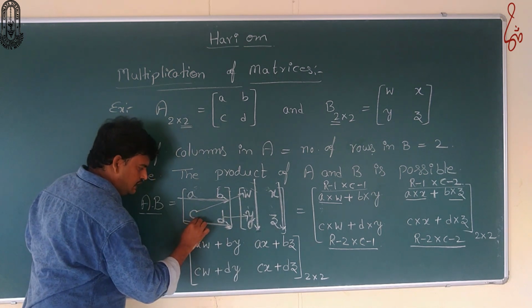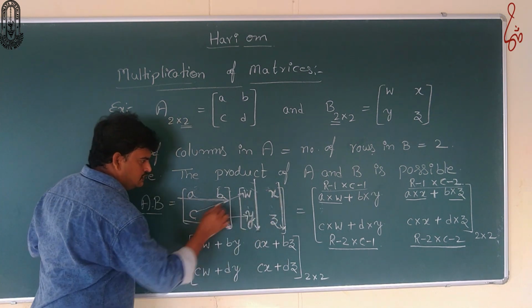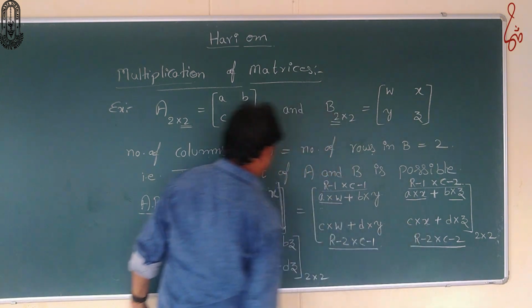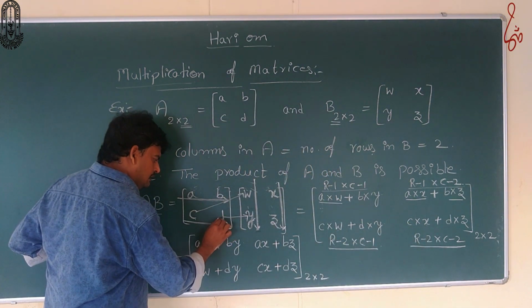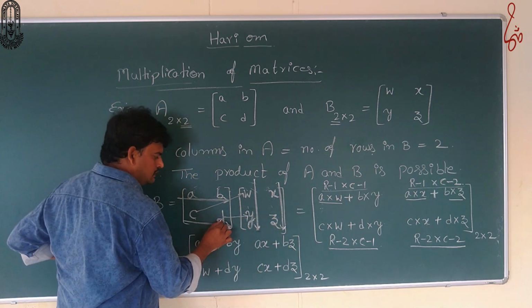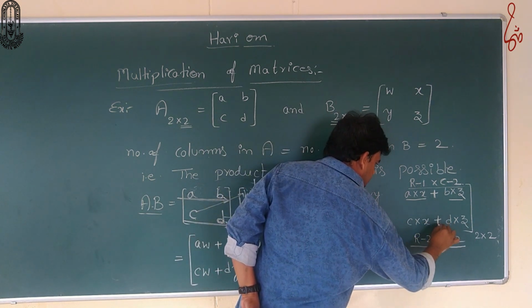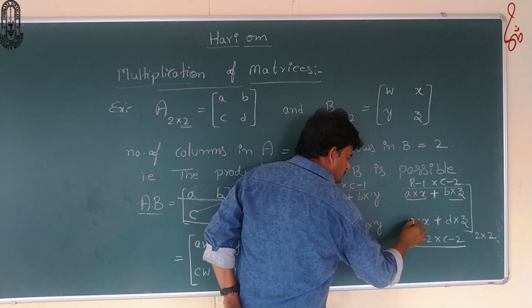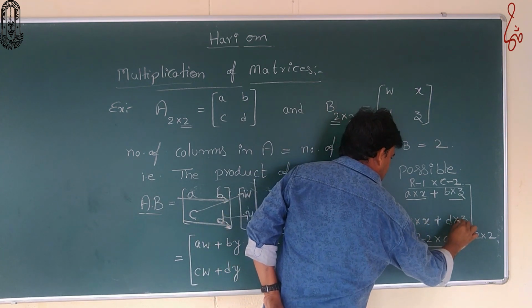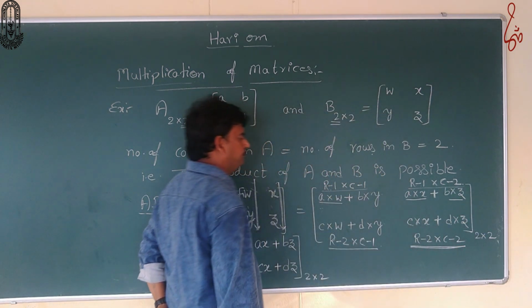So the first element in the second row and the first element in the second column: C into X. And the second element in the second row and the second element in the second column: D into Z, and finally we are finding the sum. So we have C into X plus D into Z. This is row 2 into column 2.